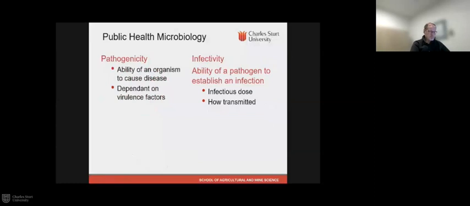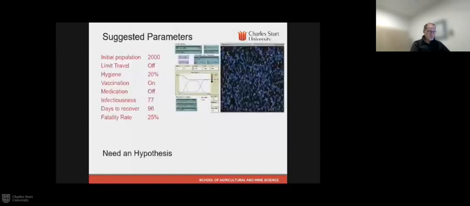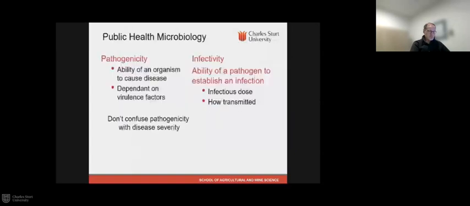Some of the other terms we need to think of are pathogenicity. That's the ability of our organism to actually cause a disease. That's dependent on a few factors, and we touched on those, like our skin, and the ways that they're transmitted. I'll skip on, because I want to get back to our model.